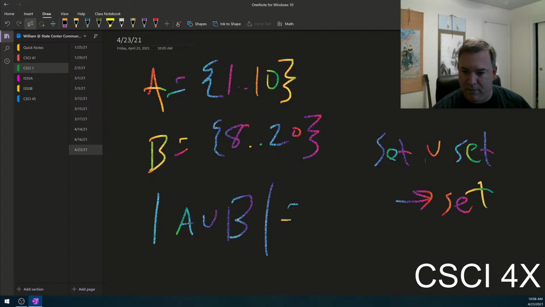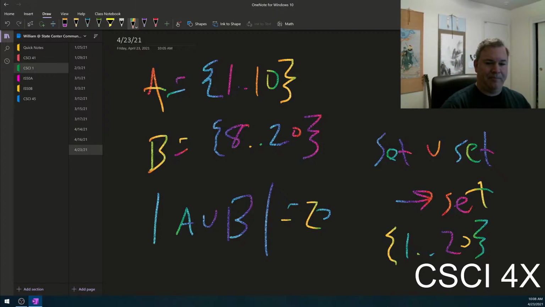With union, you get a new set whose elements are either in B or in A or both. You don't add duplicates to it. So the return set here would be simply 1 to 20, which is going to be 20. The size of the set is 20.